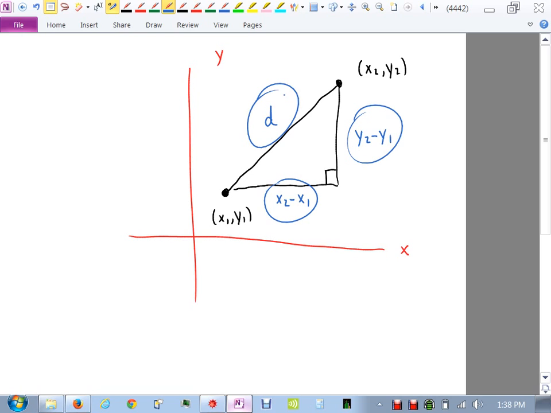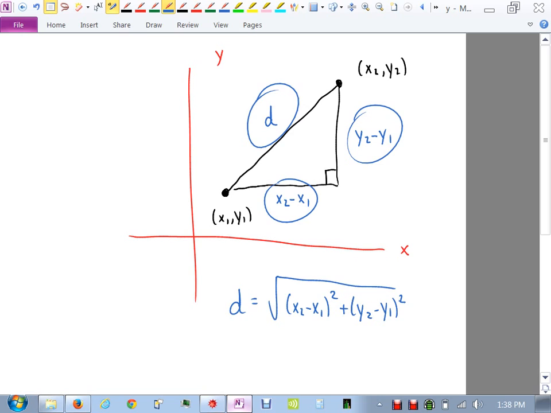Then we take the square root on both sides, and that gives us the formula d equals square root of x2 minus x1 squared plus y2 minus y1 squared. That's what we had in 2D.